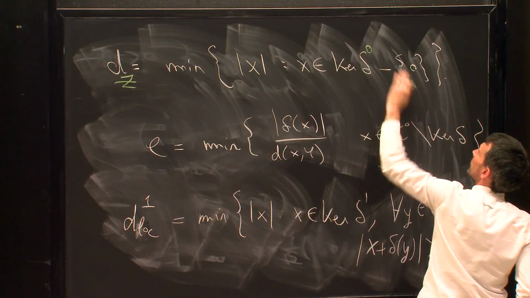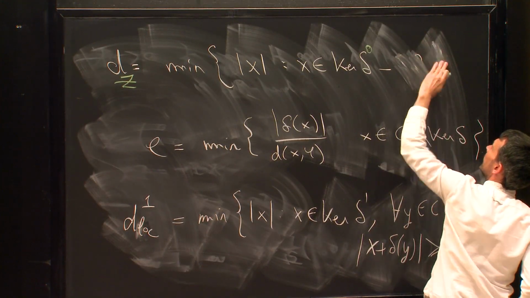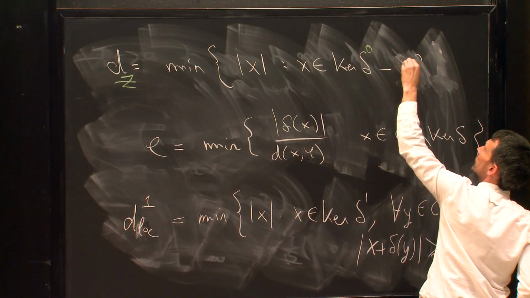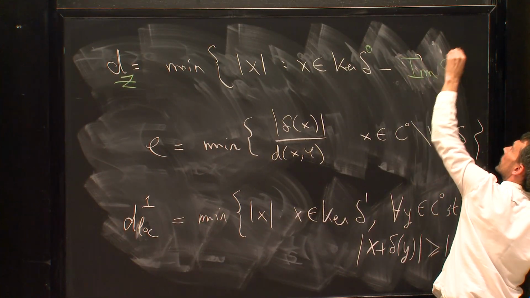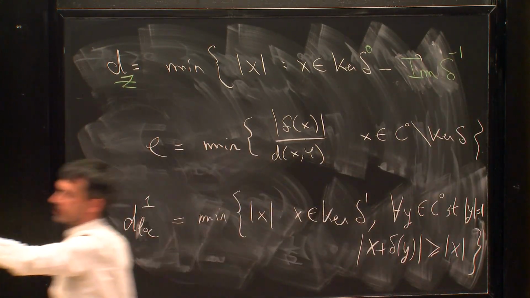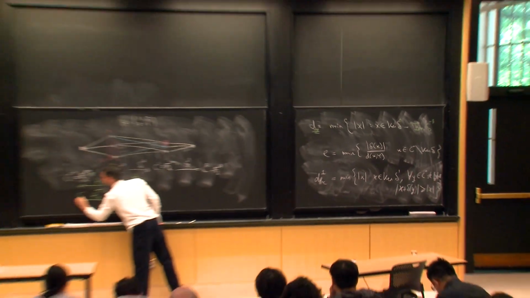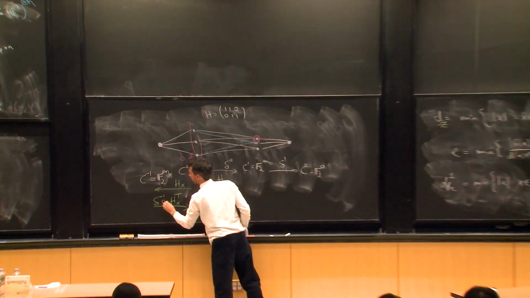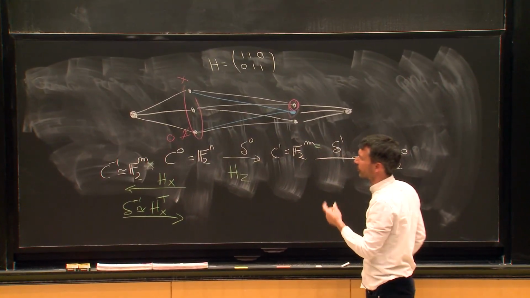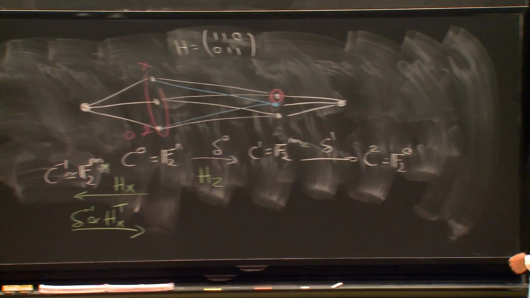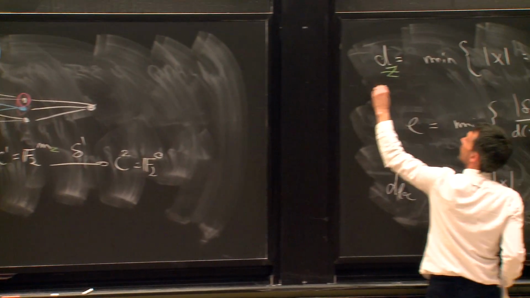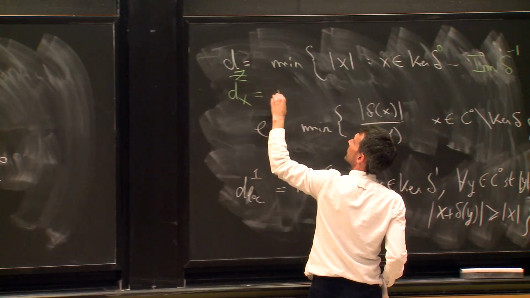And it turns out, and here I don't have time to justify this, that what you need to consider is this, and you need to remove the image of delta minus 1. So delta minus 1 is this map here. So you can think of the quantum code as being isomorphic to the quotient of the kernel of delta 0 by the image of delta minus 1. And then you have another distance dX that's just the same but in the other direction.